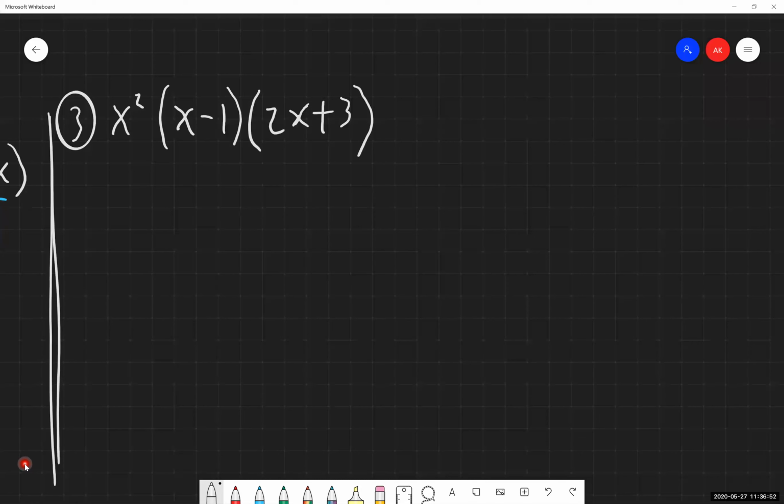It does not matter which 2 you choose, but only work with 2. Simplify those down. Then work with the next 2 that you choose. Simplify that down and repeat that process as necessary. So for this example, we have 3 polynomials here. We have x squared, we have x minus 1, and we have 2x plus 3.